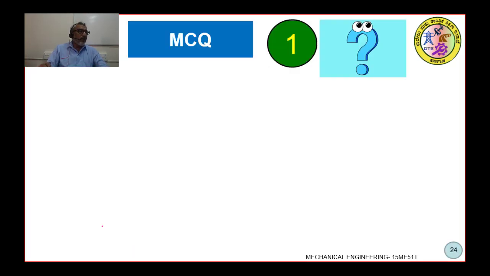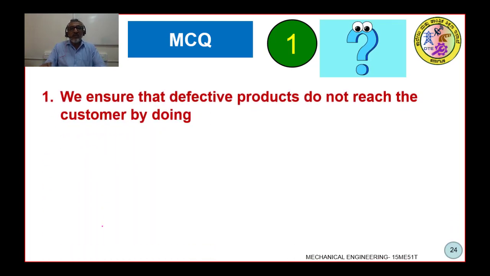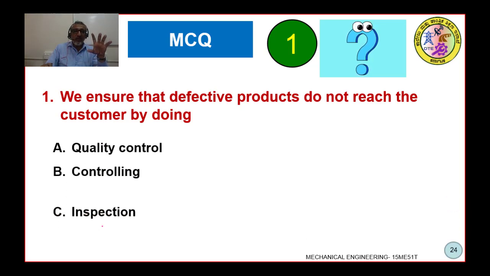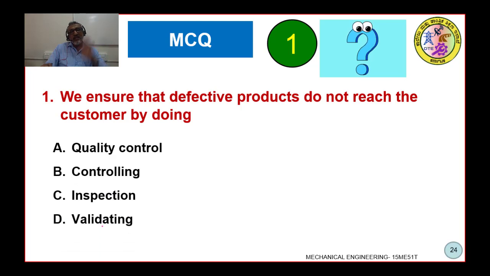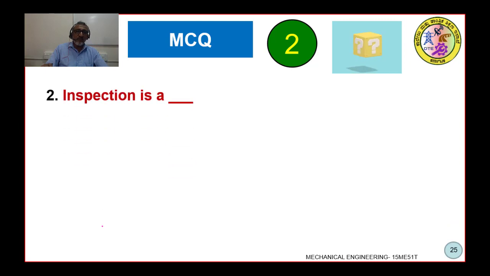We'll look into some MCQs on inspection. We ensure that defective products do not reach the customer by doing, obviously, quality control, controlling, inspection, or validating. So inspection is the right answer, because that is the very definition of inspection, to ensure that poor quality or defective products do not reach the customer.